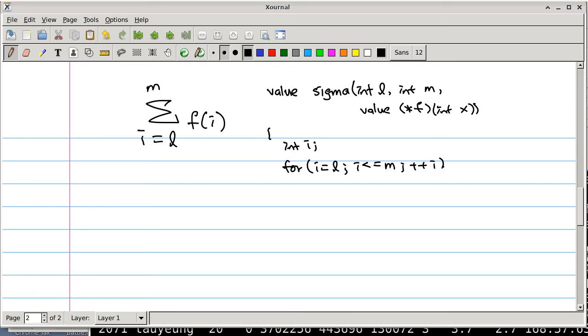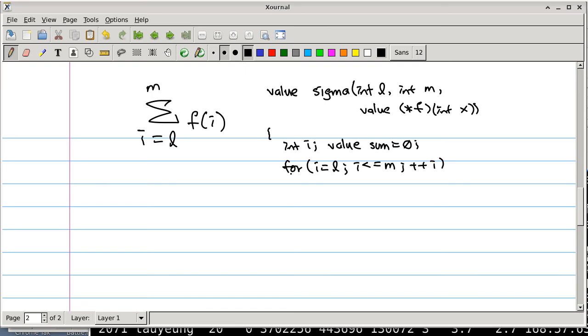Is that okay? And I'm forgetting one local variable as well. So I'm forgetting a variable of the type value. We'll call that sum. And it is initialized to 0. I probably should initialize it as the first part of the for loop, but since I didn't leave enough space to do it, I'm just going to do the initialization outside of the for loop.